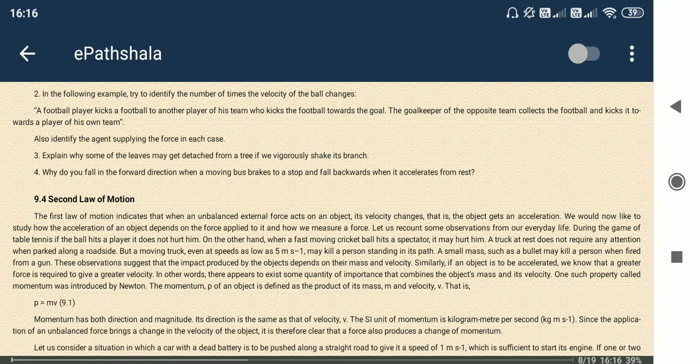If two bodies have the same mass but different velocity, the higher velocity gives higher momentum, and lower velocity gives less momentum. So mass and velocity multiplied give the momentum.